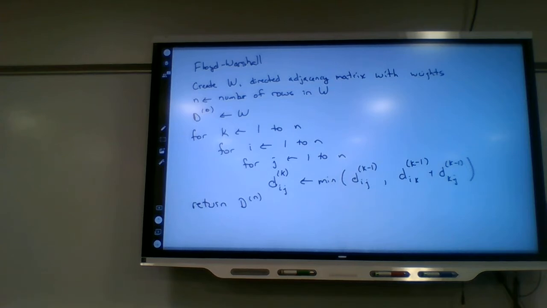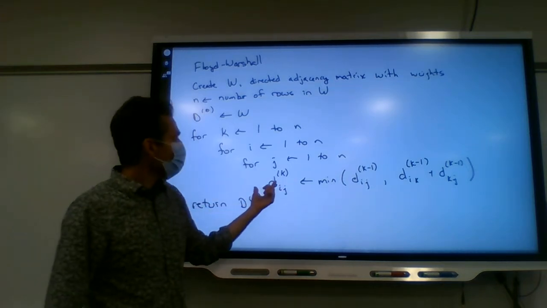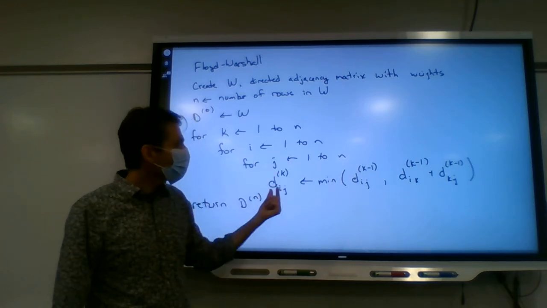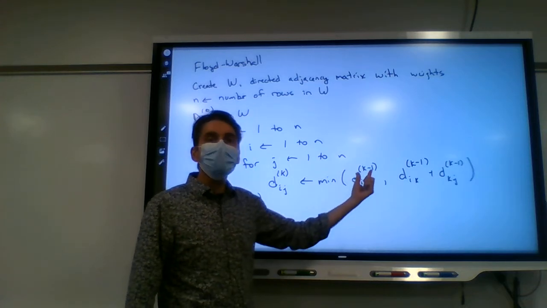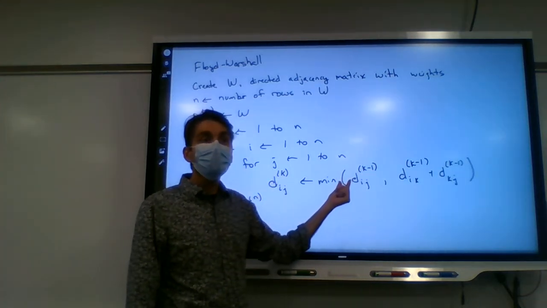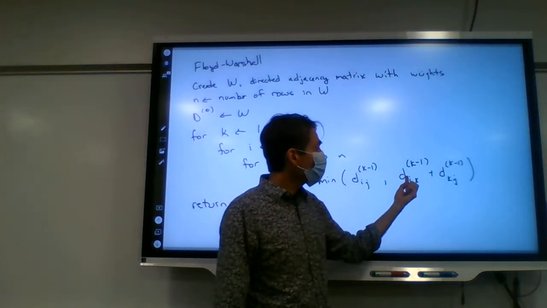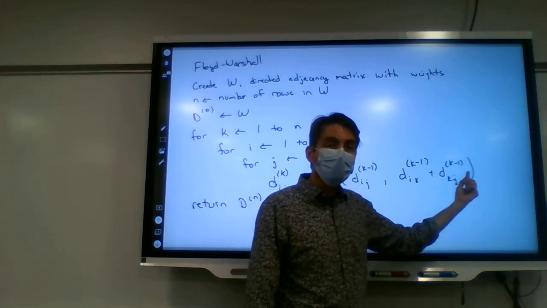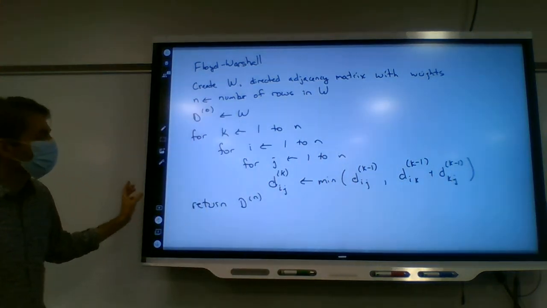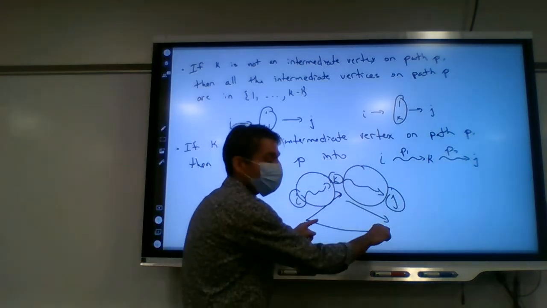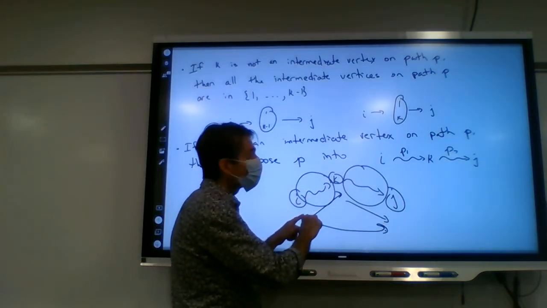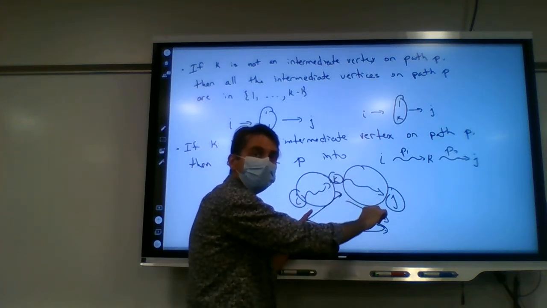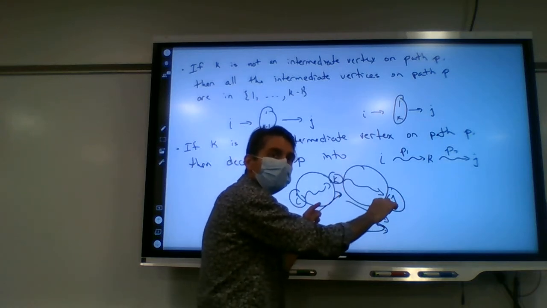Don't stress this too much. What is this saying? It's saying that the shortest path from I to J at a particular point is either the shortest path that doesn't include vertex K, or it's the length of the path from I to K and then the path from K onto J. So this is saying that when you do include the intermediate, the shortest path is just the sum of the lengths of the two paths, this shortest path plus this shortest path.